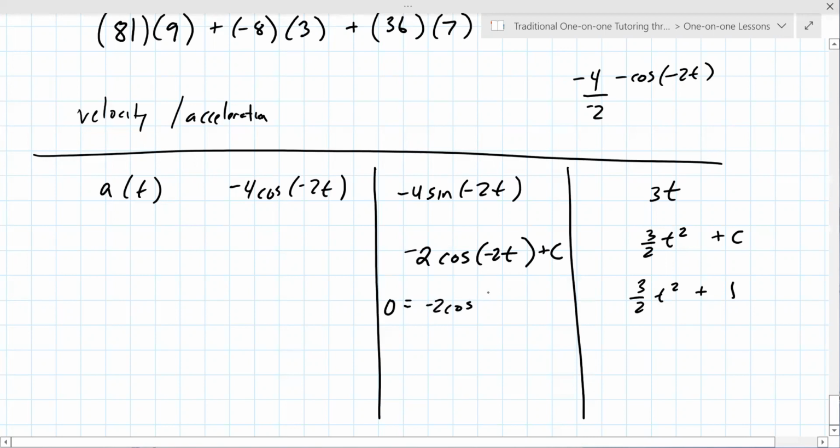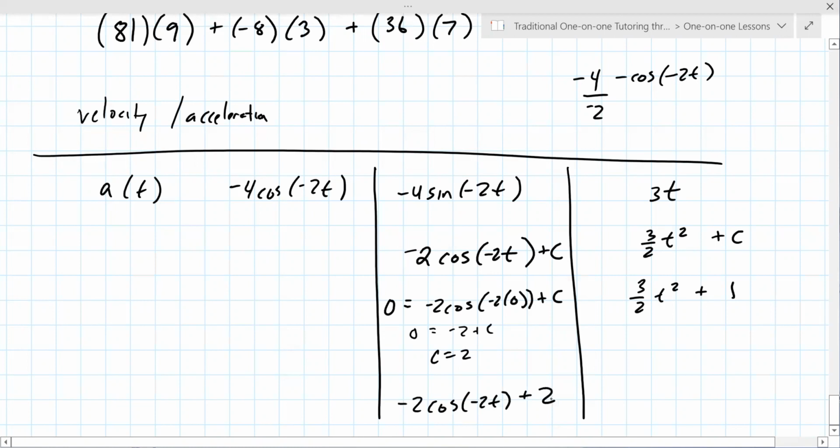So it's -2 cosine of -2 times 0 plus c, and cosine of 0 is 1. So this becomes 0 equals -2 plus c. It only goes in for c when it's a polynomial and it's at 0. So c equals 2. So your v is -2 cosine -2t plus 2.